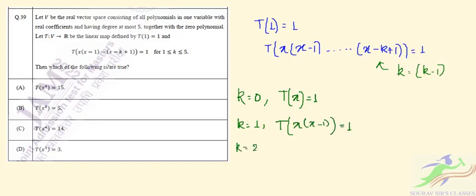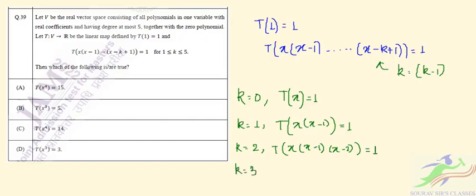For k equal to 2, T of x(x minus 1)(x minus 2) is equal to 1.